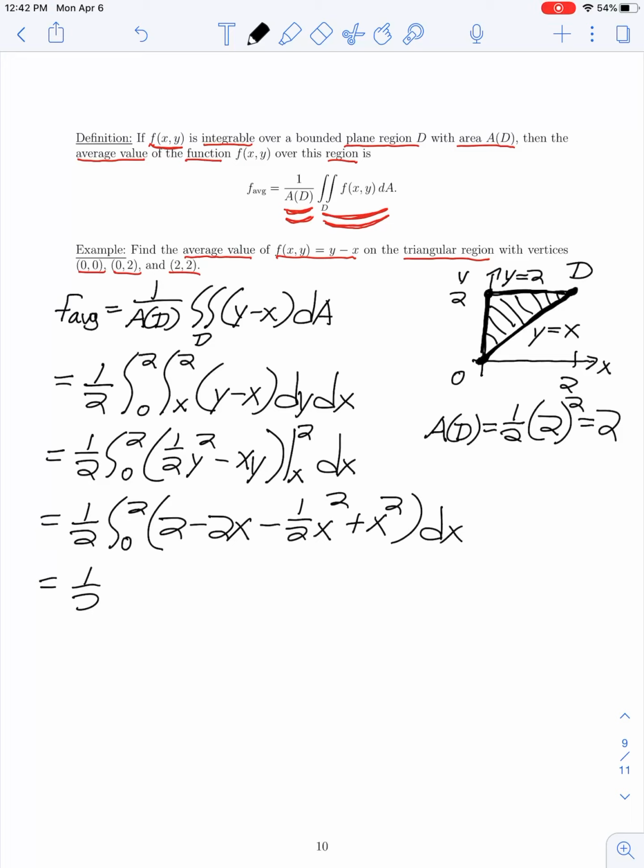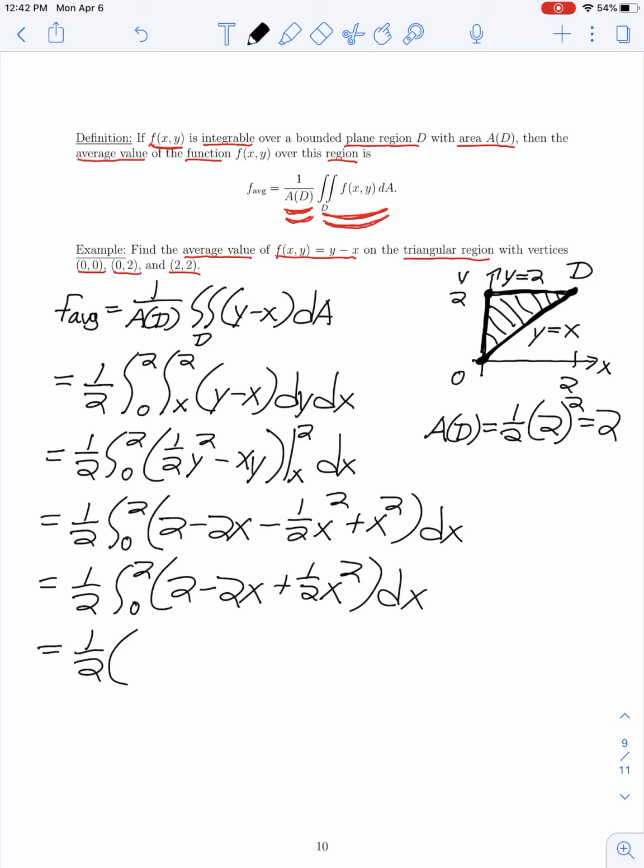So we're left with 1/2 the integral from 0 to 2 of 2 minus 2x plus 1/2 x squared with respect to x, which gives us 1/2 of, for our antiderivative, 2x minus x squared plus 1/6 x cubed, evaluated from 0 to 2.